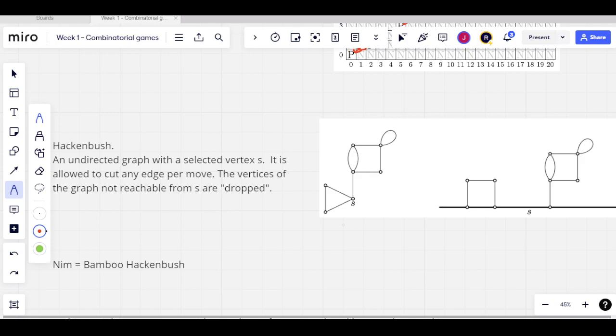We can imagine our graph like this or like this. It's two identical graphs, but this representation is better.